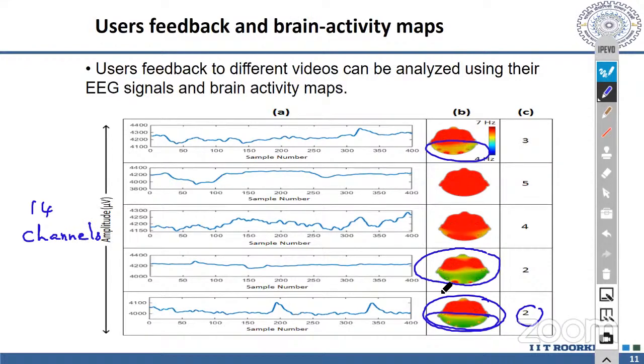If you get a complete green signal, then the signal is good. For example, this is not good, completely red, and the rank is also 5. So this is determined based on the rank. Based on the rank, you are getting a signal, and this signal is enough to do further analysis.